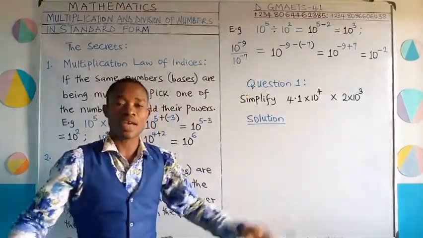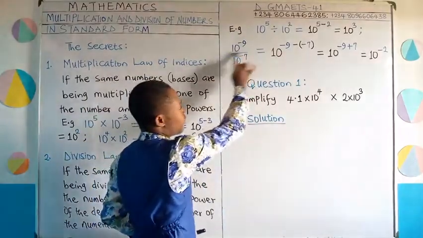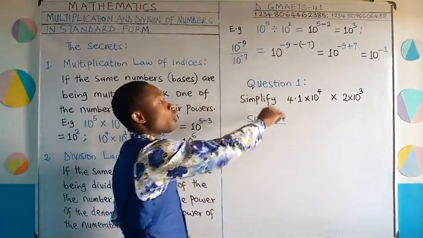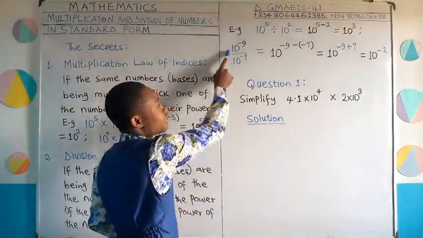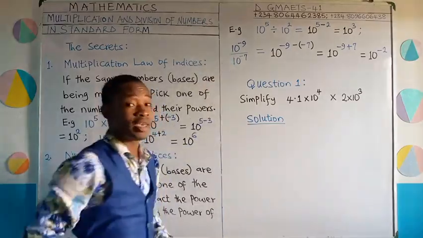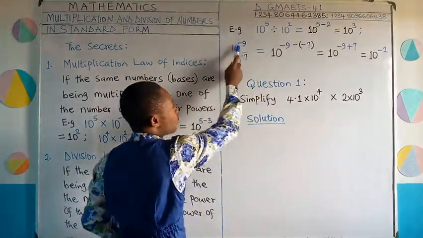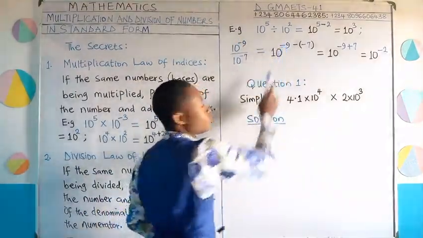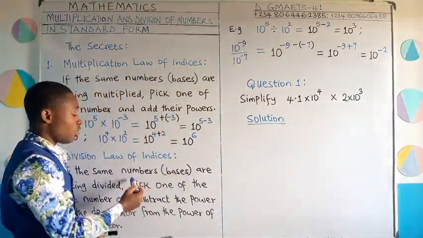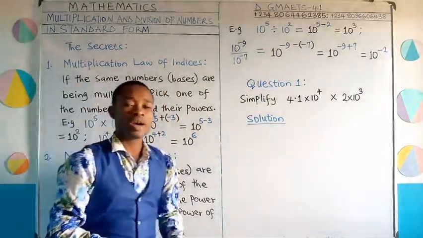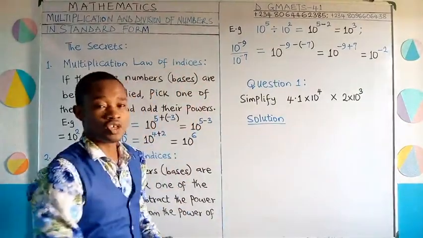Another quick example here: 10 raised to the power minus 9 divided by 10 raised to the power minus 7. Now it's going to be equal to, you are dividing this 10, 10. The numbers are the same base. So you pick one of the 10, and write the power of the numerator, which is minus 9. Remember that the division law says you should subtract the power of the denominator from that of the numerator.